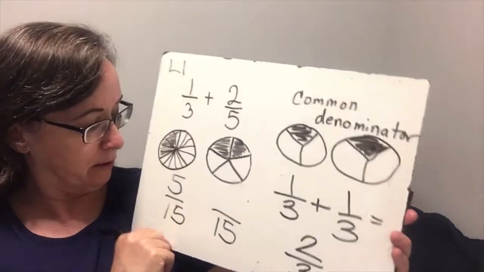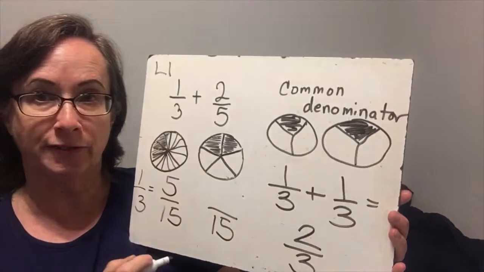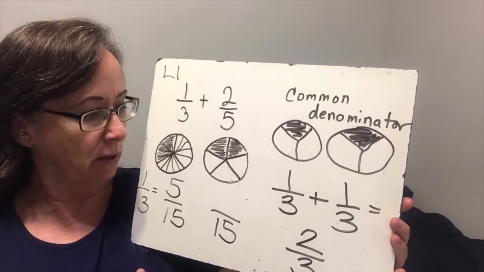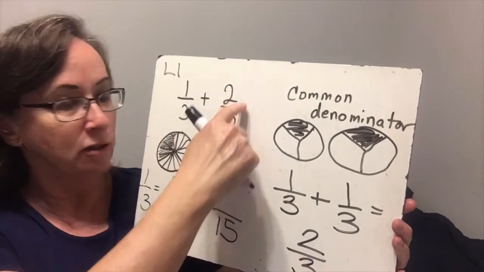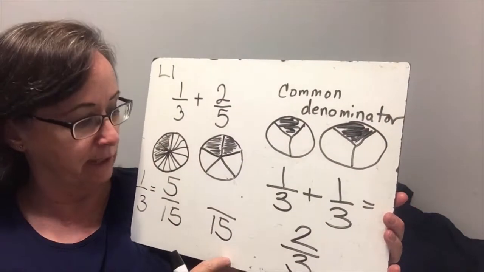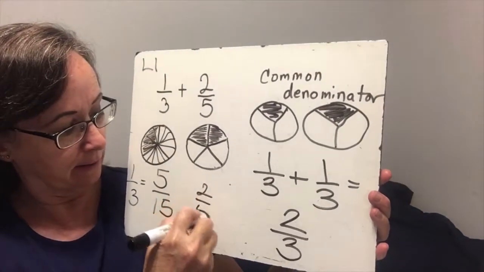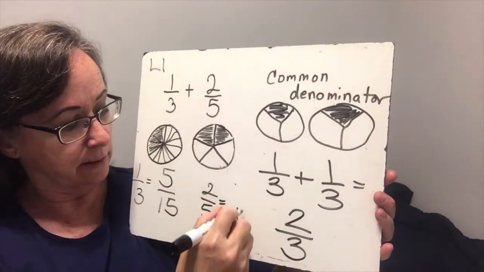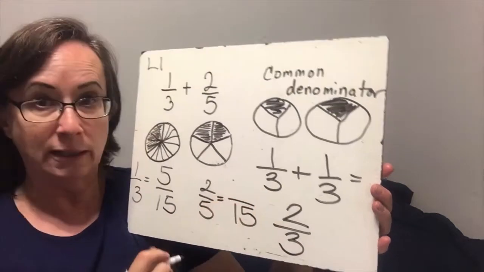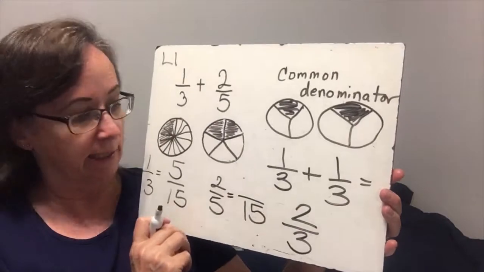So 1/3 is the same thing as 5/15, but now we're going to put 2/5 and express it as something over 15. So let's get 2/5 on here, equals, so let's talk about some of the ways that we can do that without drawing a picture again.